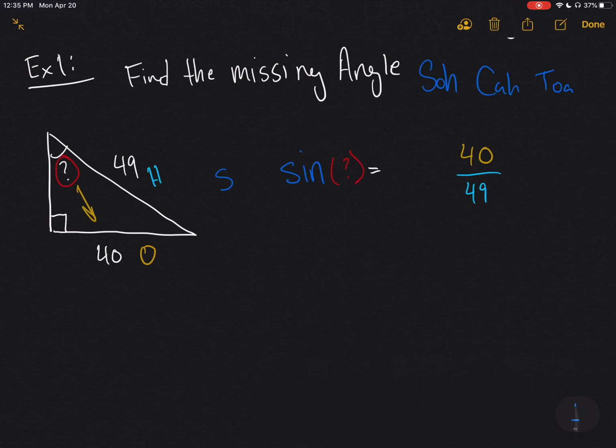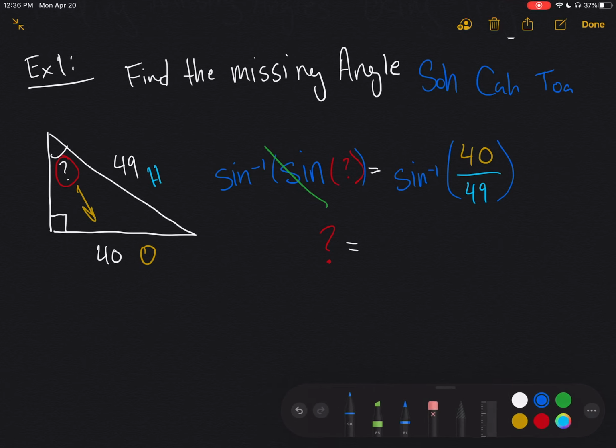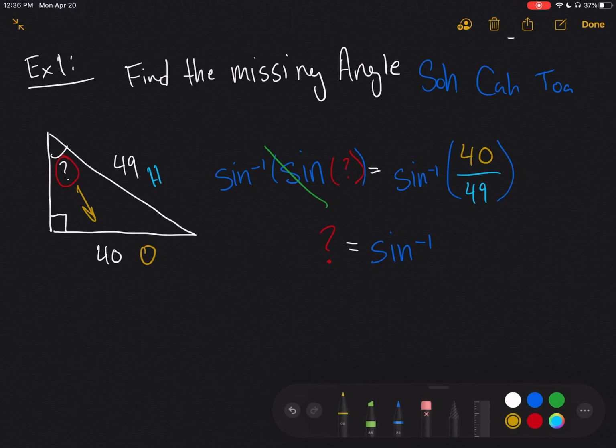So I take the inverse sine of the left side, the inverse sine of the right side. On the left side, this cancels out my sines and leaves me just with my question mark, the angle I'm trying to find. And on the right side, I'm left with the inverse sine of 40 over 49.